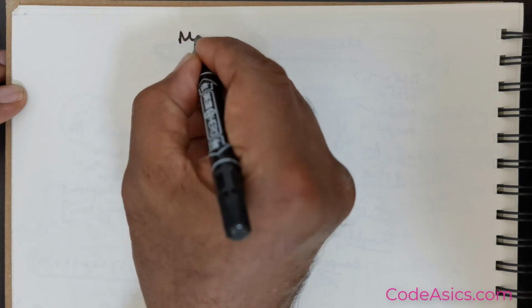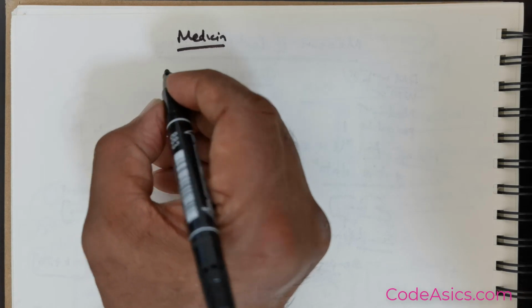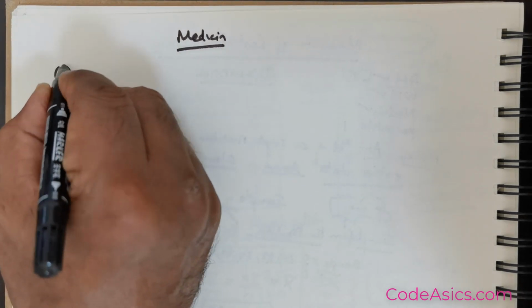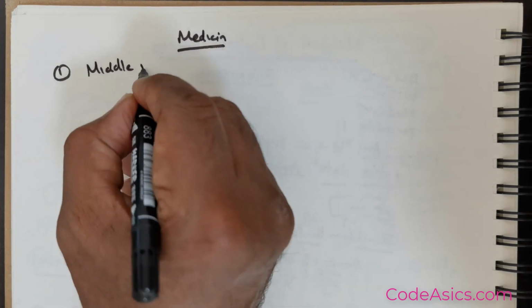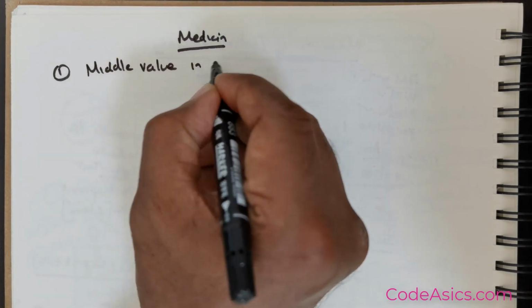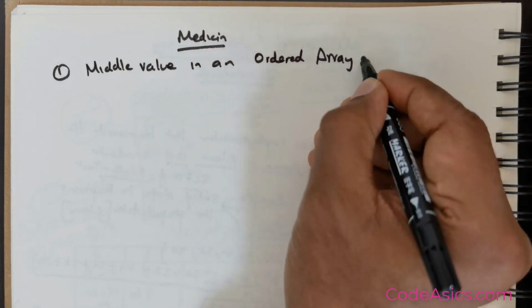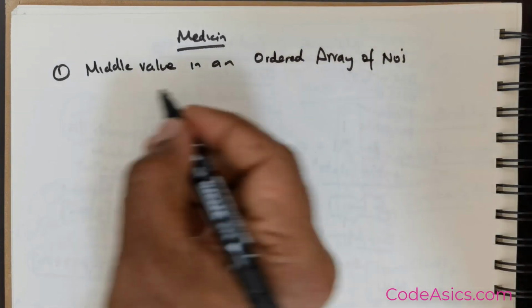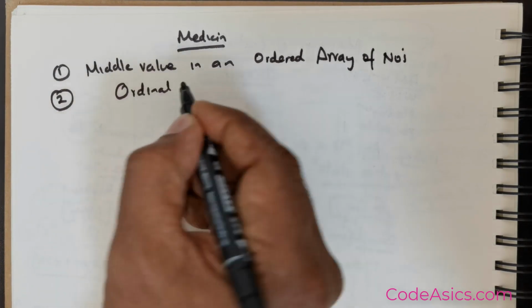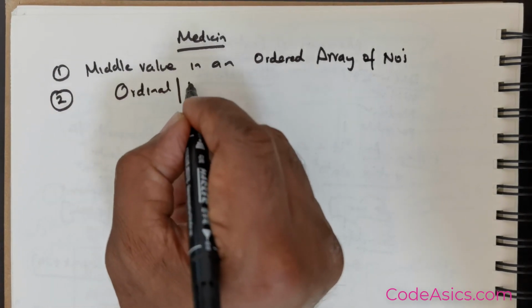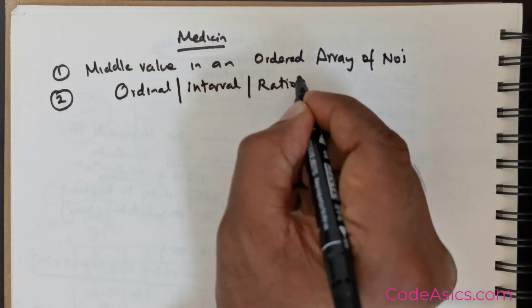Now next comes the median. Now I understand that we have done questions related to median, but let this act as a review class also. Now these are the characteristics of the median. Now this is the middle value in an ordered array of numbers. Now we can apply median to ordinal data, interval data, and to ratio data.